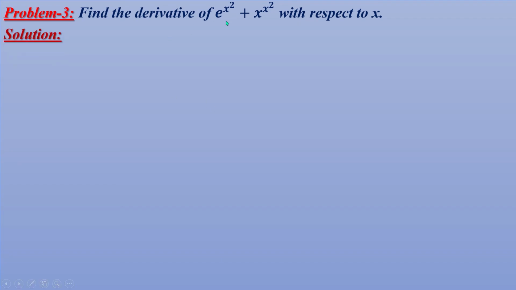Find the derivative of e to the power x squared. Here this is not both functions, because e is a constant but the power is variable. Okay, and we know the derivative of e to the power x is equal to e to the power x.